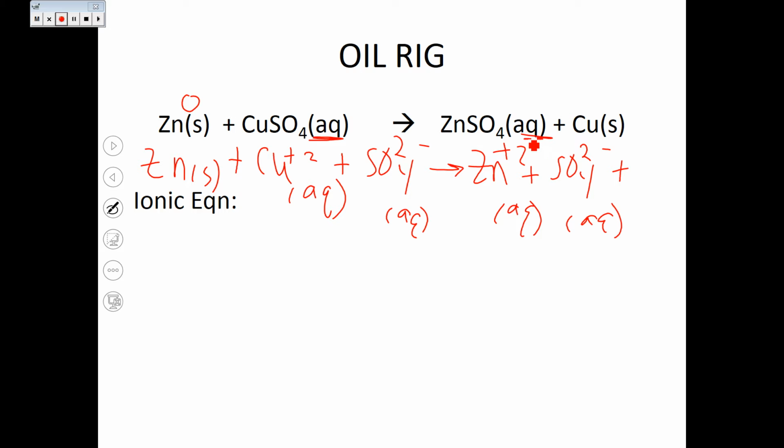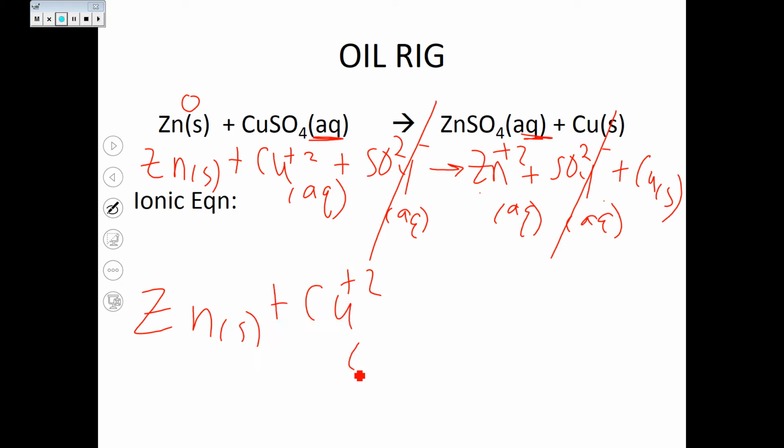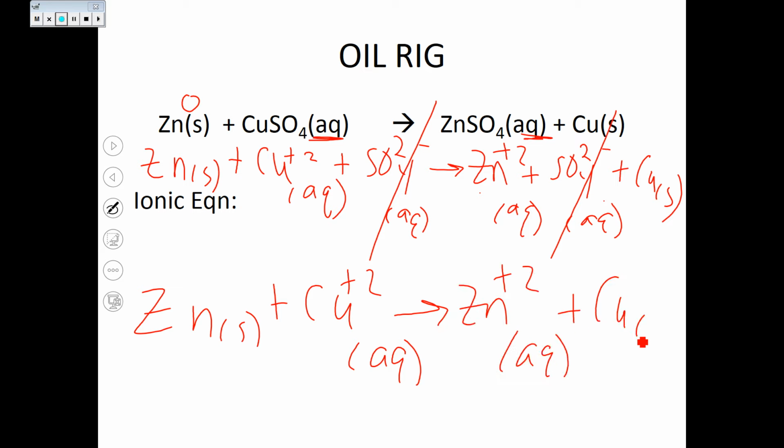Again, because it's aqueous, we're going to split them up into ions. And then copper solid. Our spectator is sulfate. The ionic equation is Zn solid plus Cu+2 aq goes to Zn+2 aq plus copper solid.